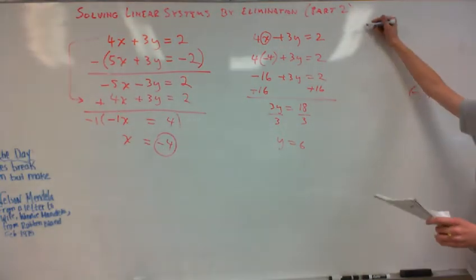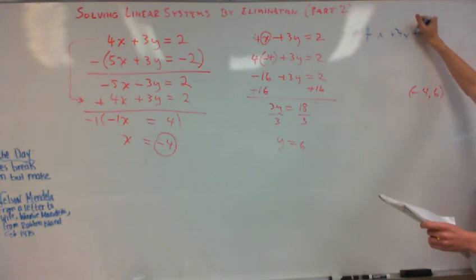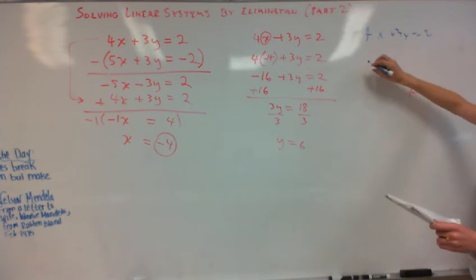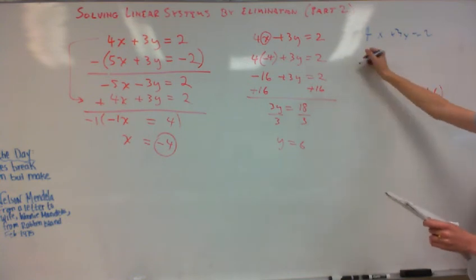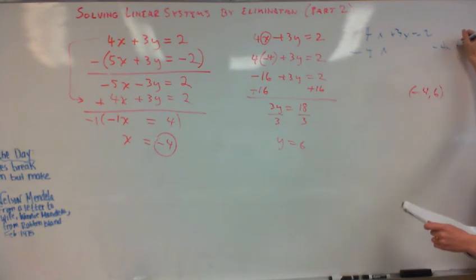Okay, so 4x plus 3y equals 2. And then instead of doing all that other stuff, I just minus 4x on both sides, like that.